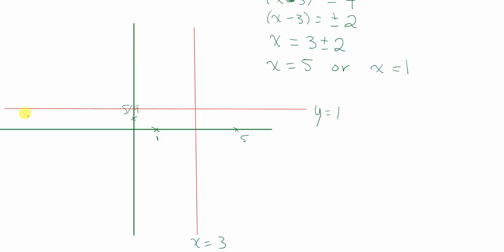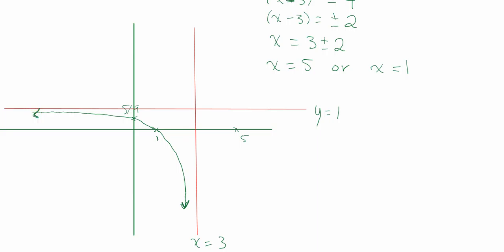Okay, now I've got enough to draw my graph. Okay, so starting over here, and remember you always want to be moving towards the asymptote. We want arrows on the end because there's no domain restrictions.